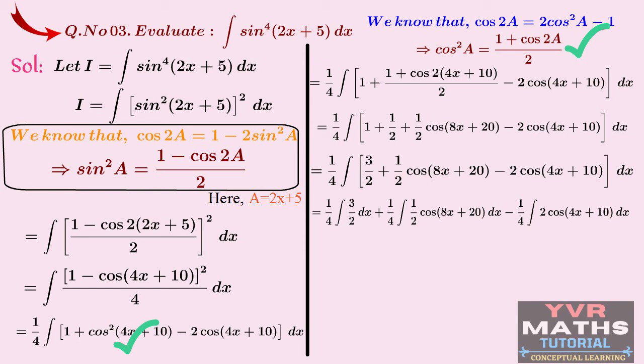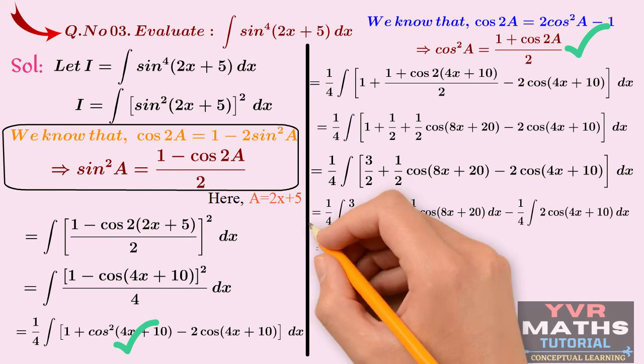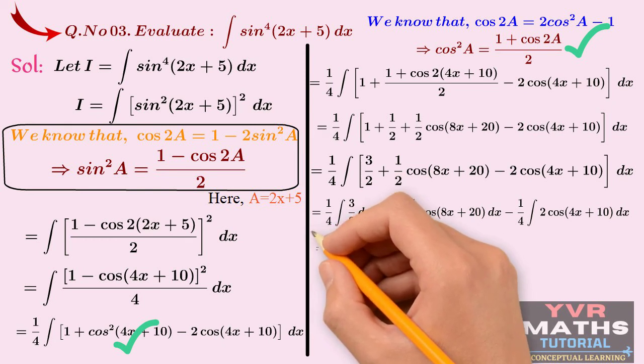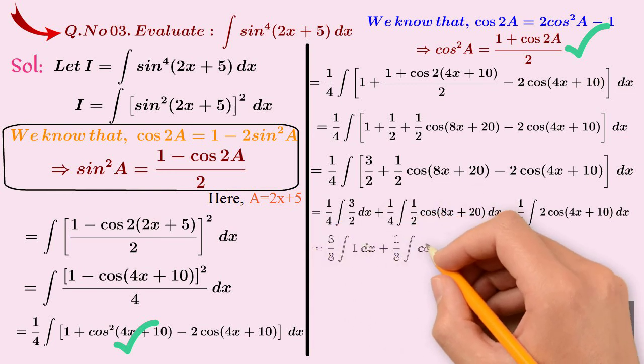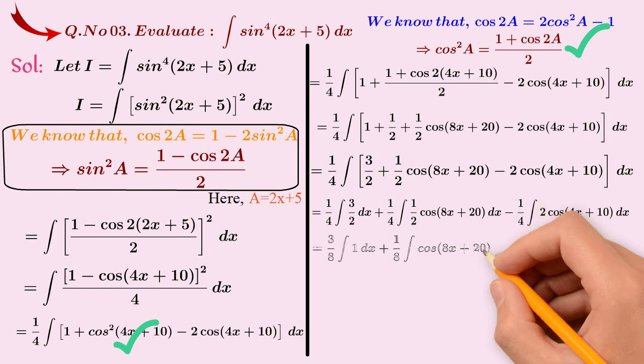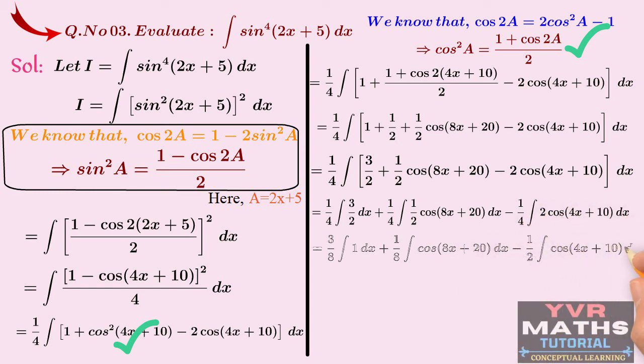Now again, if we apply the properties, the constant will come outside of integration. Then what you will get? See here in the next step, 3 by 8 into integral 1 dx plus 1 by 8 into integral cos of 8x plus 20 dx minus 1 by 2 integral cos of 4x plus 10 dx.